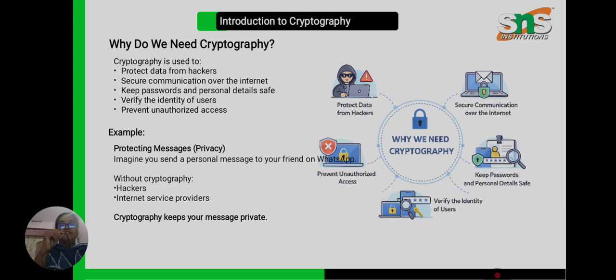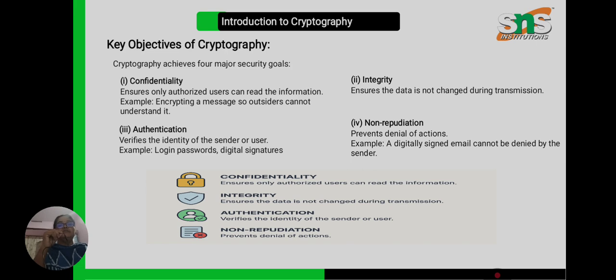In this slide we are going to see why we need cryptography in day-to-day life. We need cryptography in order to protect our data from hackers. It also helps in securing communications over the internet. It keeps our passwords and personal details safe, helps to verify user identity, and prevents unauthorized access to the system. In the next slide we are going to see the key objectives of cryptography.